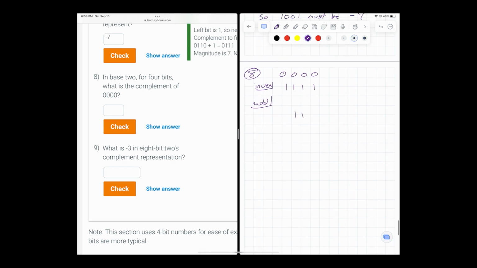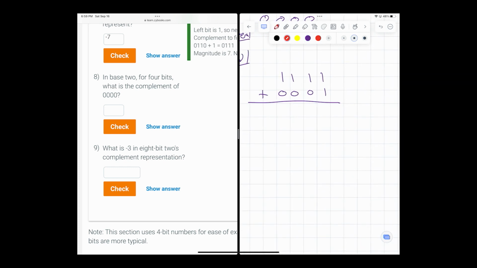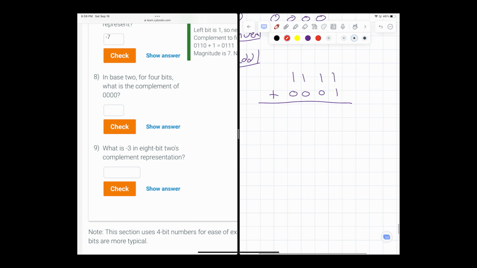So you go 1111 plus 0001. You add this all up. 1 plus 1 is 2, so 0, 1. 1 plus 1 is 2, so 0, 1. 1 plus 1 is 2, so 0, 1. 1 plus 1 is 2, so 0, 1. And you bring this down, and that actually takes 5 bits.